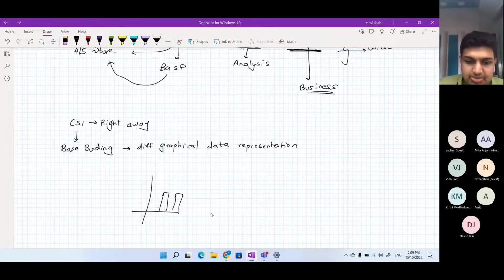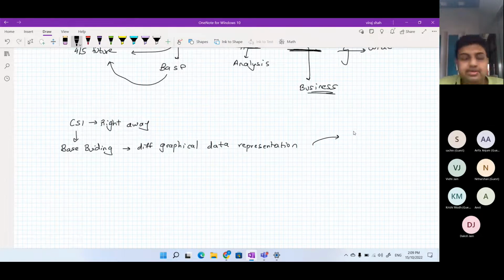You must have studied this part. We'll be extending that analysis to several other concepts, which would include your stem-and-leaf method and other methods of how you can visualize your data. This is just building the base with respect to data visualization.